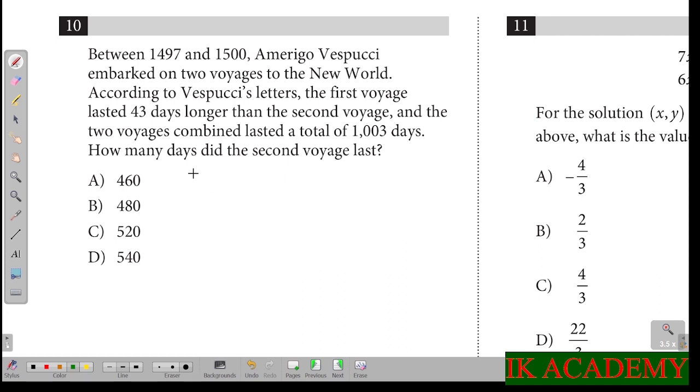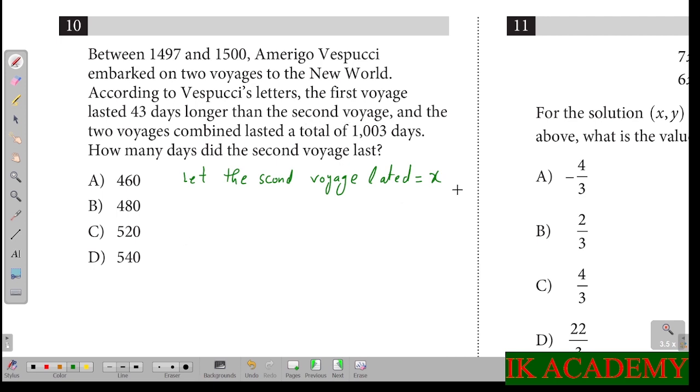So let me give a name to the second voyage. Let the second voyage last X days. So it took X days to complete the second voyage, and it was given that the first voyage lasted 43 days longer than the second voyage.